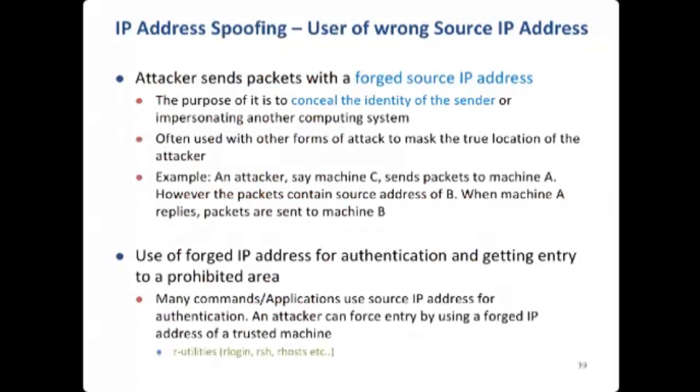You use a wrong or forged IP address, right? The purpose is to conceal the identity of the sender, so you can send something malicious with a different source address.